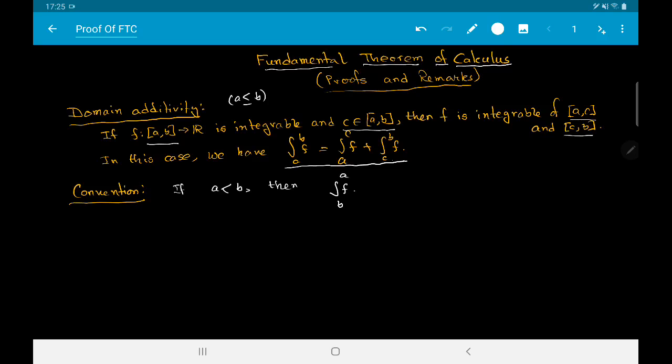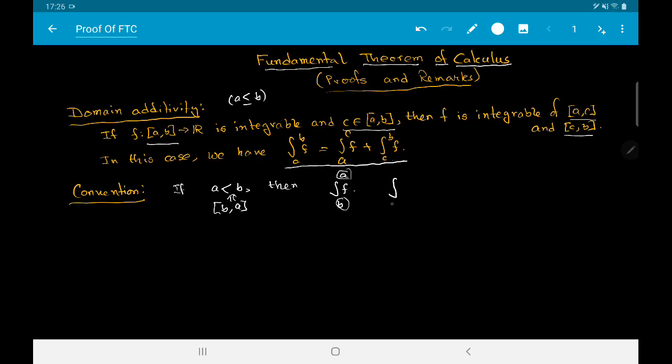But what happens if we take a closed interval [b,a] where it is given that a is less than b, that is, the lower index is bigger than the upper index? We have not seen how to define this kind of an integral. So this is a convention that we are going to follow.